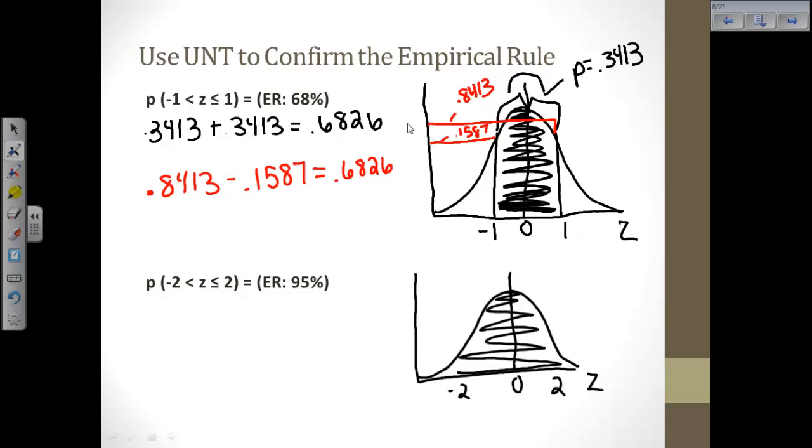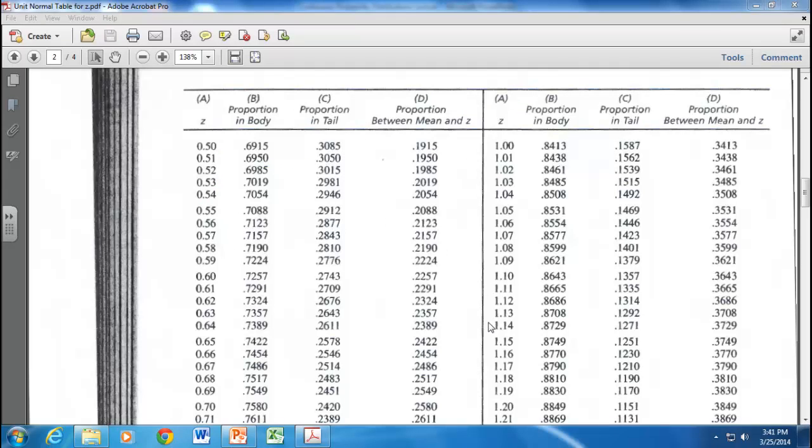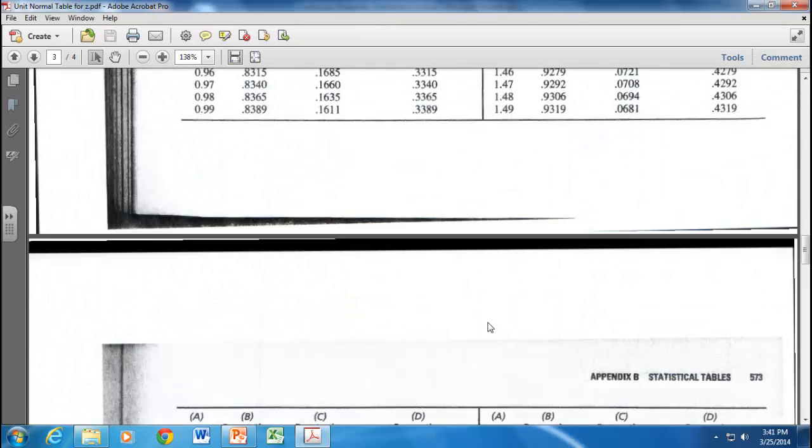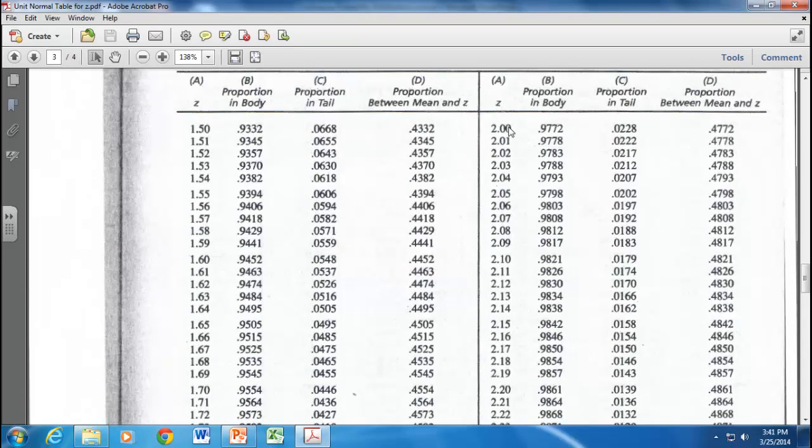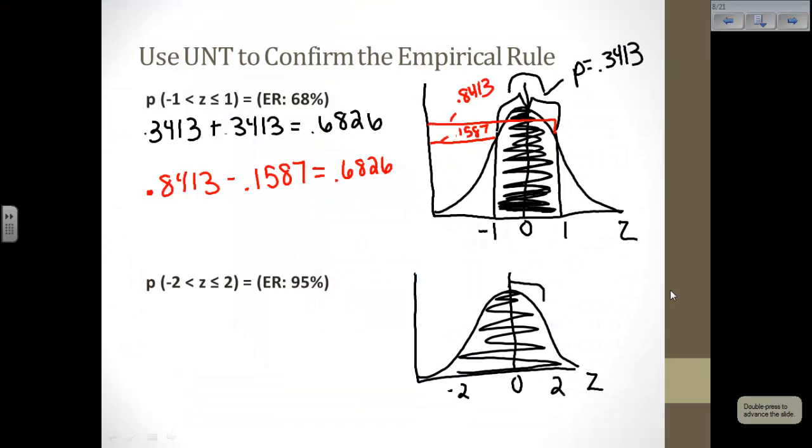Well, according to the empirical rule, 95% of scores should fall within 2 standard deviations of the mean. But let's go ahead and use the unit normal table to confirm that. So we need to find a z-score of 2. There it is. And the proportion between mean and z, 0.4772. So from here to here, 0.4772. And from here to here, same, 0.4772.